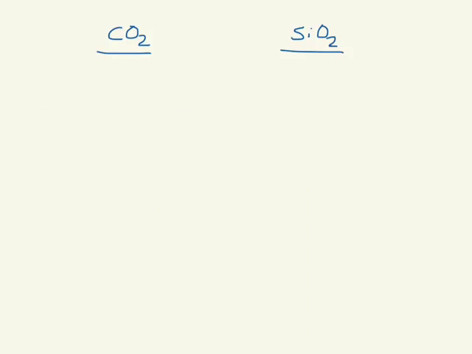CO2 is carbon dioxide, SiO2 is silicon dioxide. CO2 is a gas at room temp, and CO2 melts at negative 78 degrees Celsius. You can have solid CO2, it's what we call dry ice.